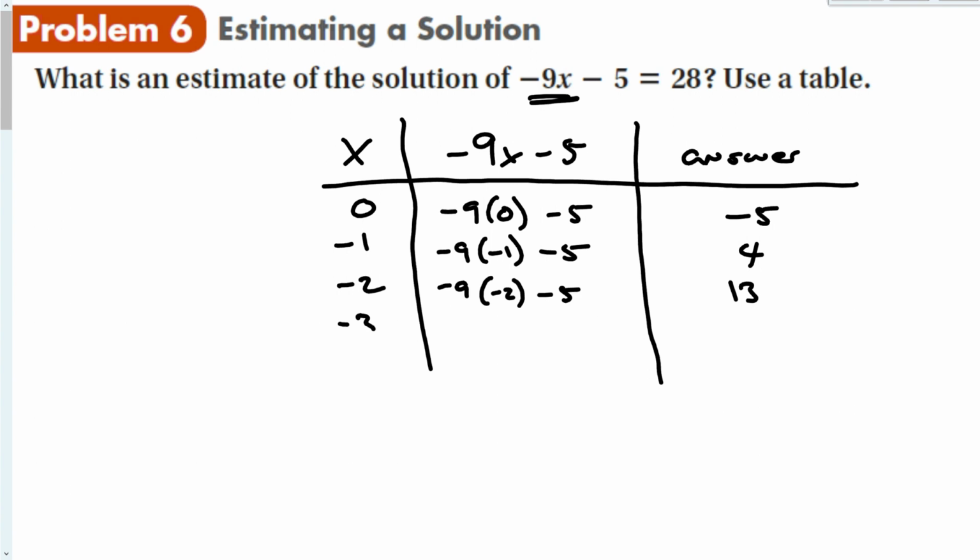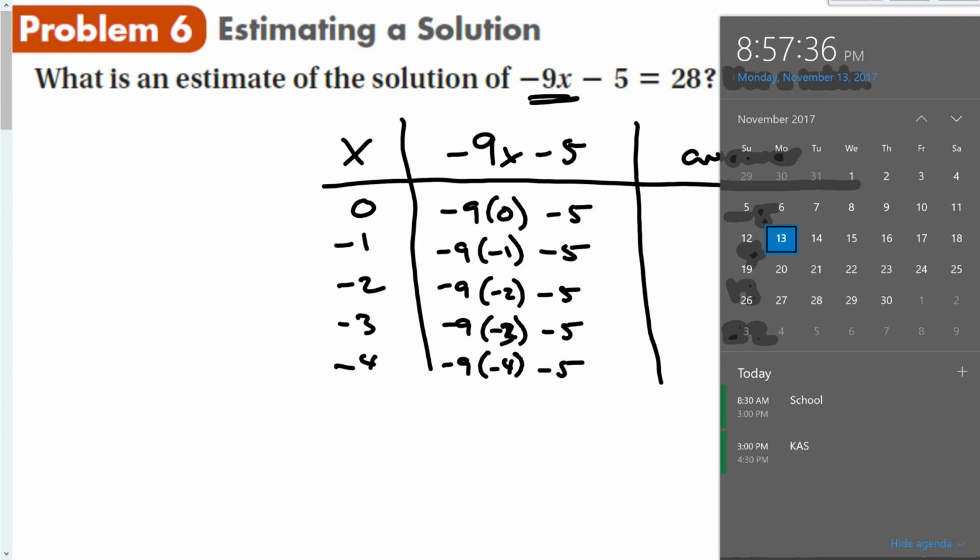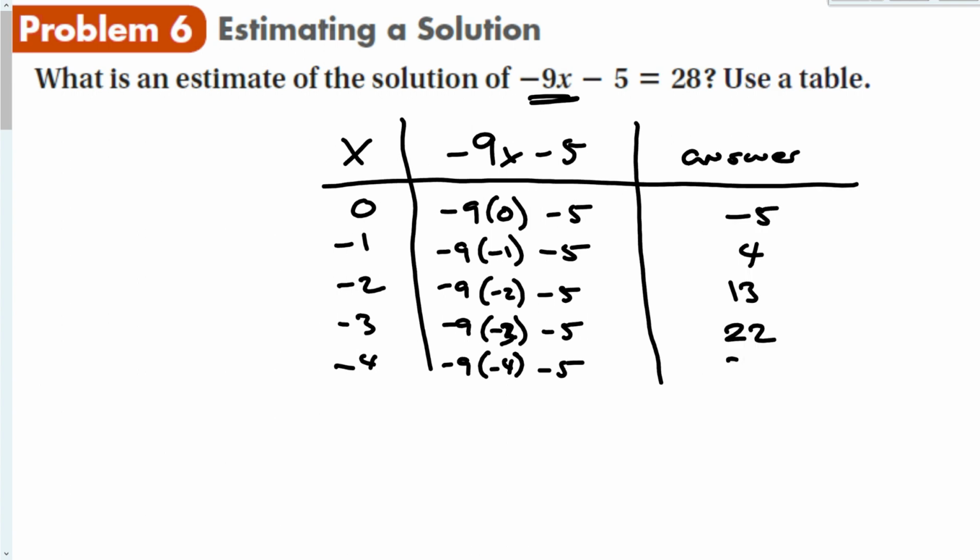Plug in -3, -9 times -3 minus 5 gives me an answer of 22. And -4, -9 times -4 minus 5 gives me an answer of 31.